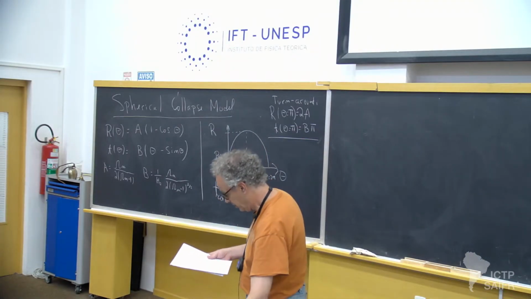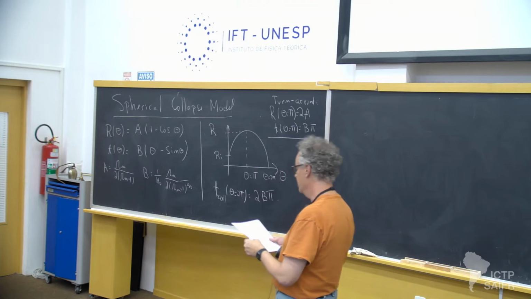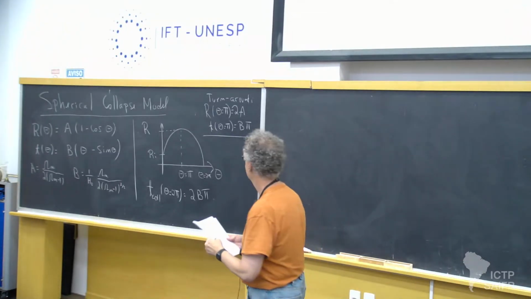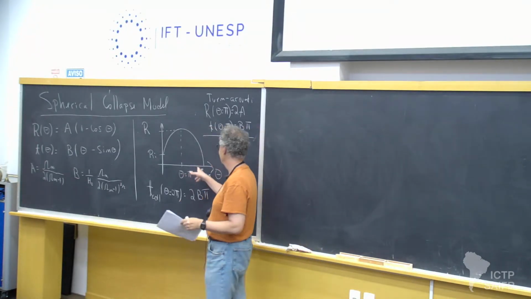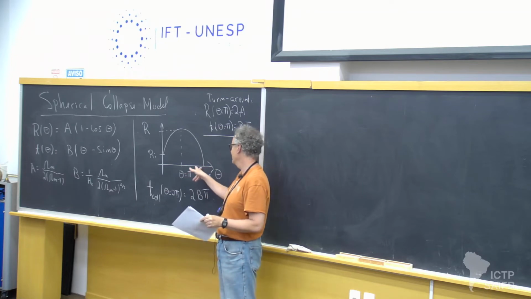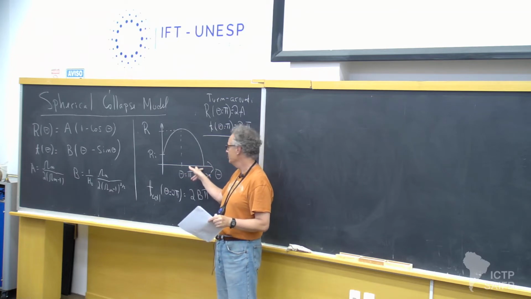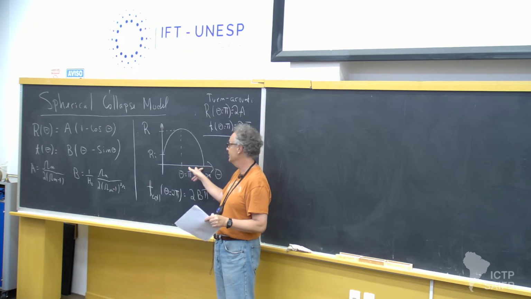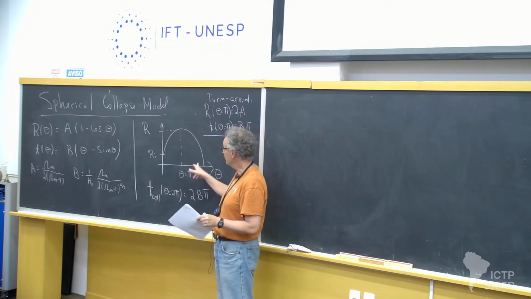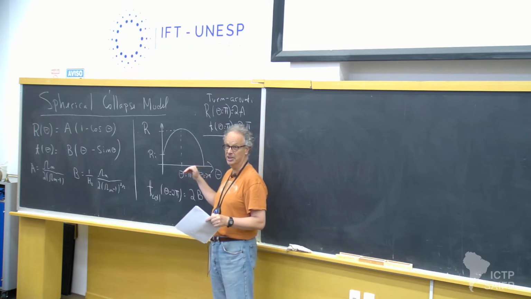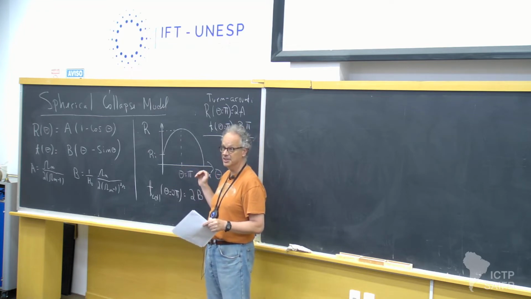You can compute the perturbations and the evolution. And what happens to the perturbation delta when it reaches this value at 2B pi? It diverges, right? But you can also compute the linear perturbation, and the linear perturbation does not diverge.